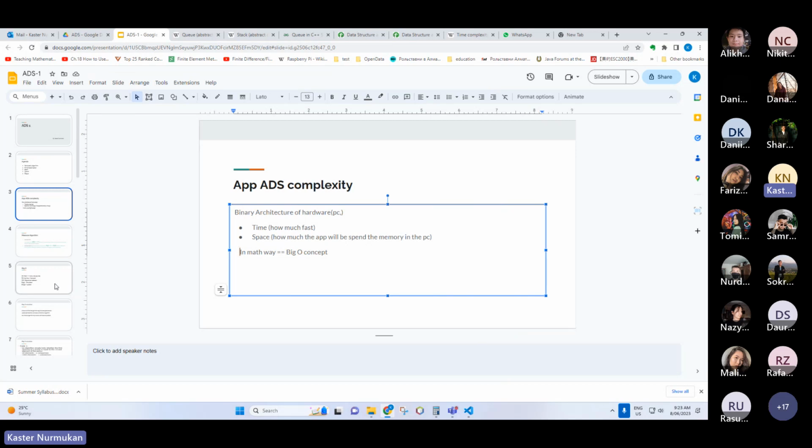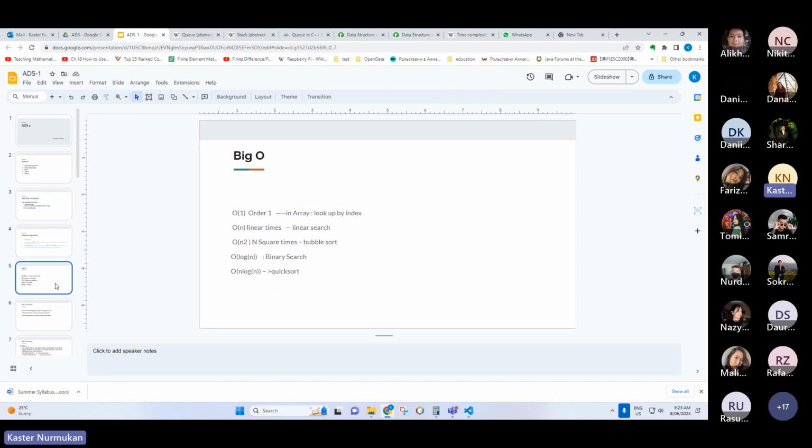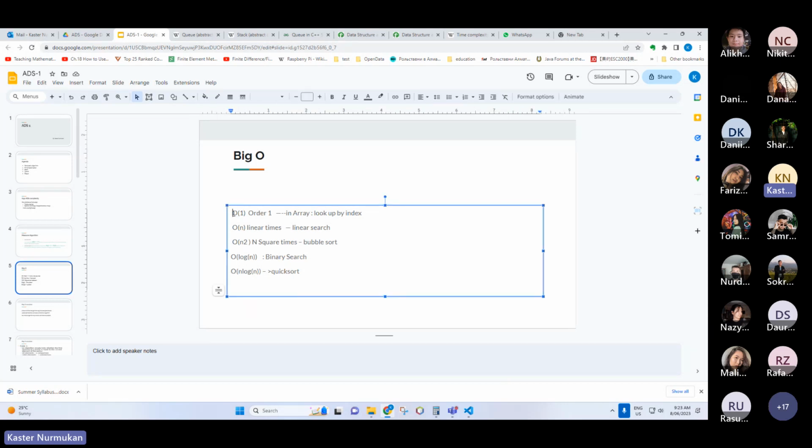The big O forms that are very frequently used, for example, are called O(1), sometimes called order 1. This is O(n), sometimes we call it linear time. It's the same thing, a general representation.